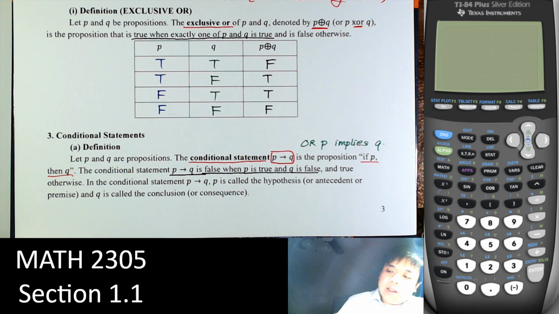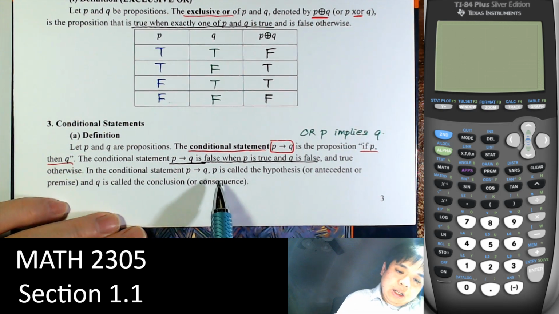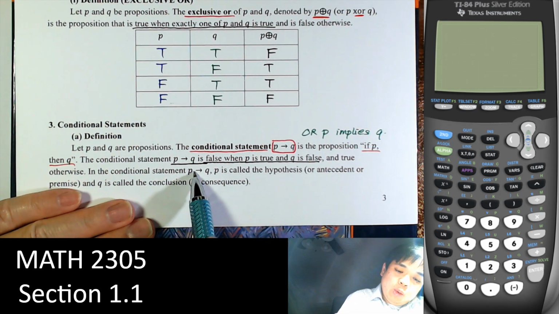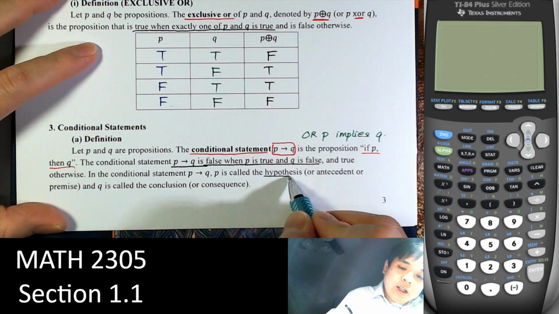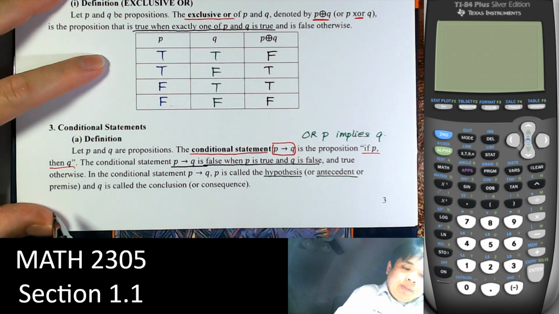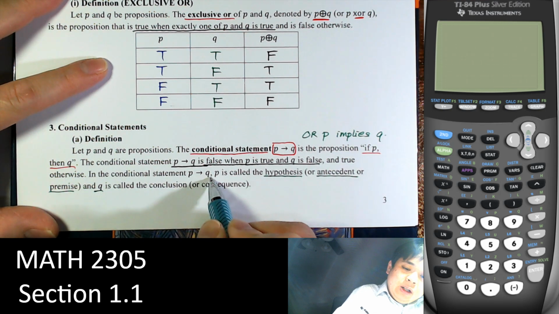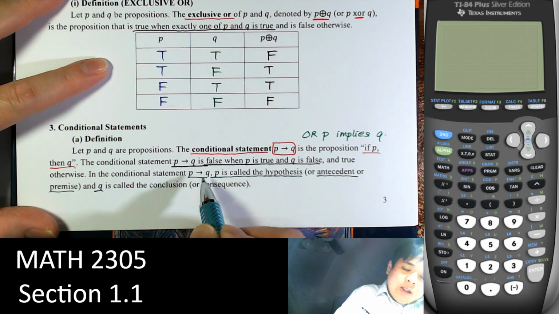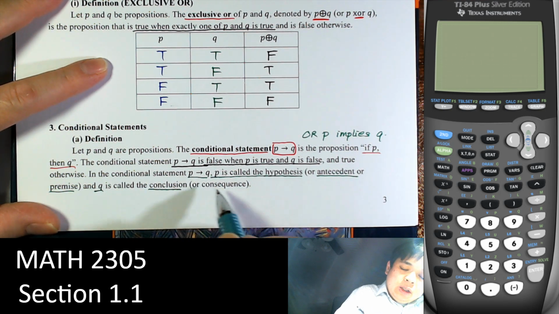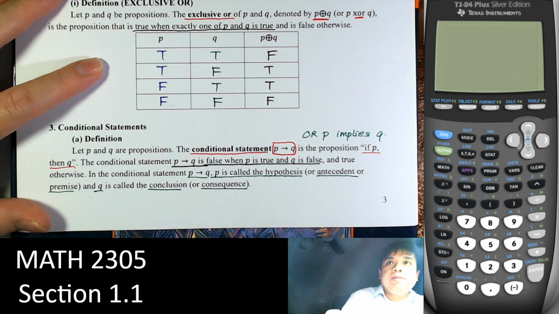And the first part, the P, the one before the arrow, is the hypothesis or the antecedent or the premise. And Q, the second one, is the conclusion or the consequence.